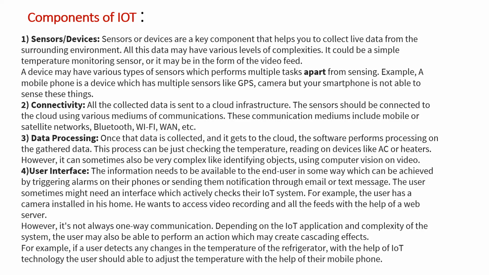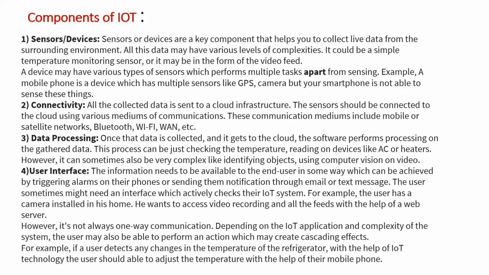What is the first component? It is nothing but devices. Okay, devices, generally these are sensors, so you can call either sensors or devices. The second thing which it has is nothing but connectivity, or you can call it communication.